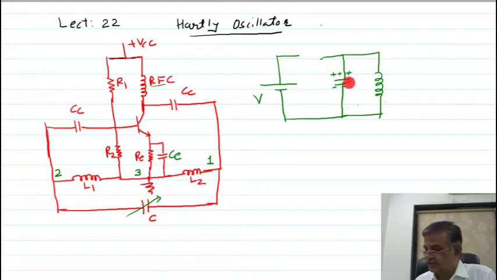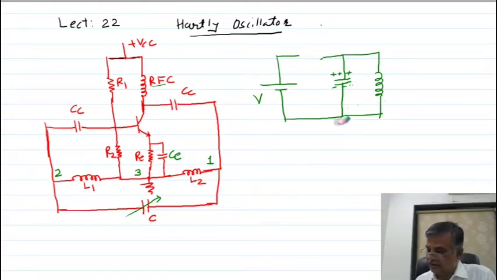So the voltage across the capacitor and the current passing through the inductor change periodically. As a result, a sinusoidal waveform is produced. This you have already studied in a lower standard, in 12th standard.